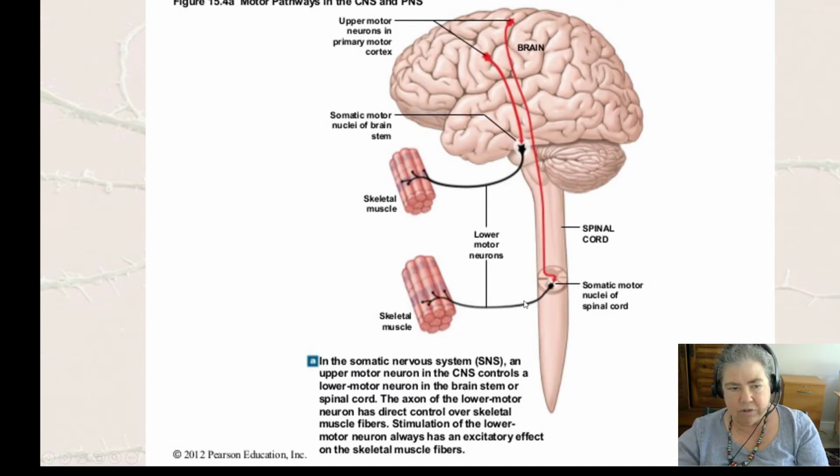But if the lower motor neuron is still working and it is the upper motor neuron that is severed, you get paralysis, but you have this excitatory, constant tonic effect of the lower motor neuron that causes the skeletal muscle to contract.